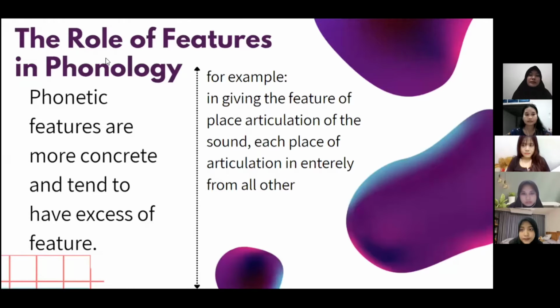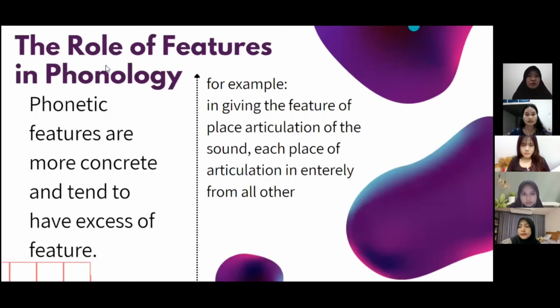Okay, the second we want to talk about is the role of features in phonology. Phonetic features are more concrete and tend to be exhaustive. For example, in giving the feature of place of articulation of a sound, its place of articulation is entirely different from all others.